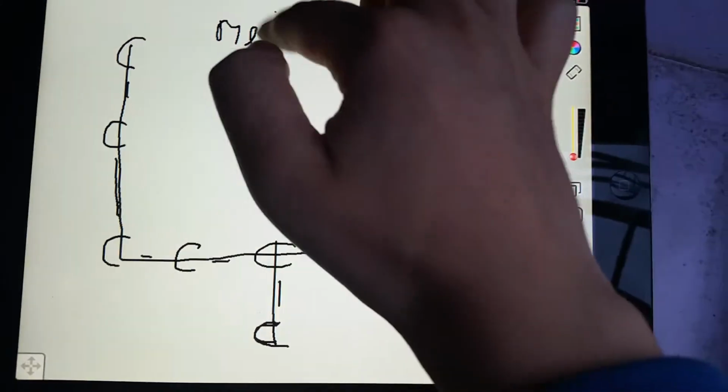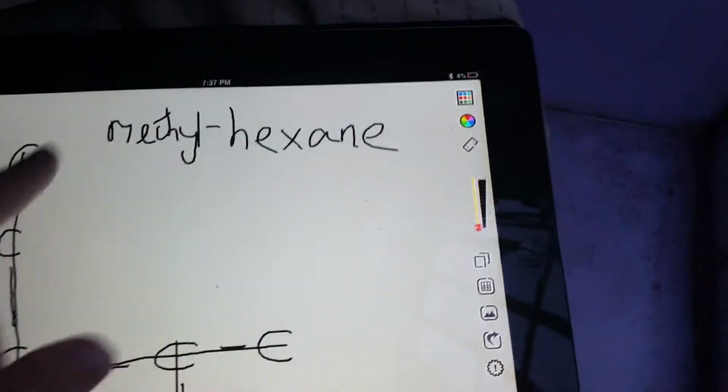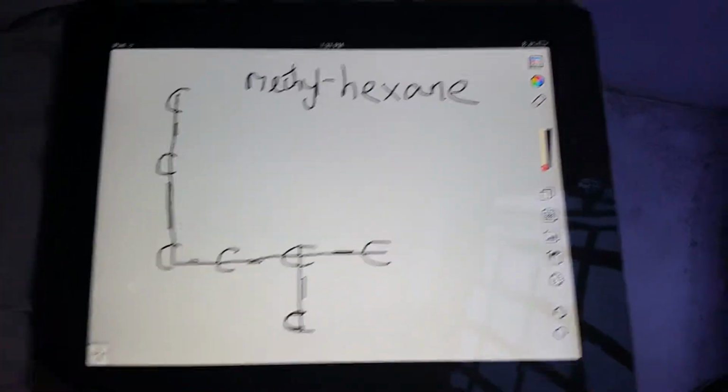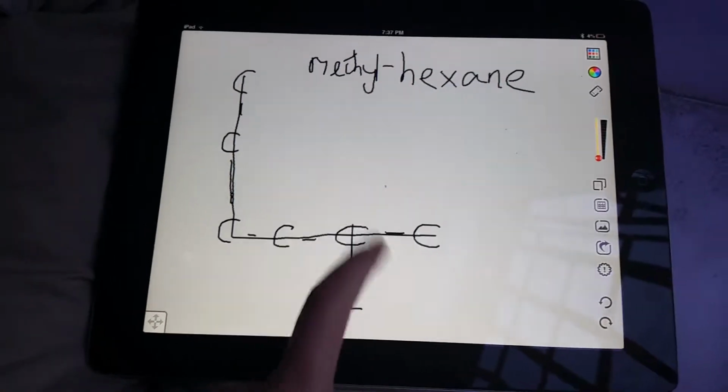So we're going to go back to our table P. 1 is meth. So we're going to write over here, methyl. Why? Because our other branches always end with yl. So it's methyl.